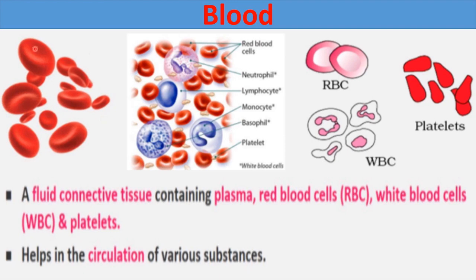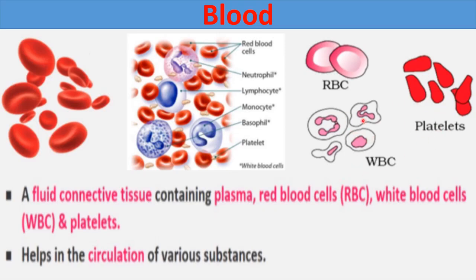So these are RBCs, you can see here the cellular component of the blood, okay, and all these are representing the cellular component which is found in our blood. These are RBCs, then these are neutrophil, a type of WBC. Here you see these are RBC, WBC, and platelets.